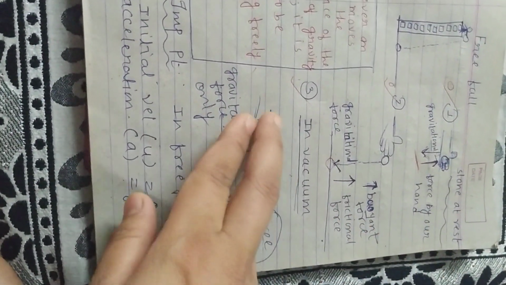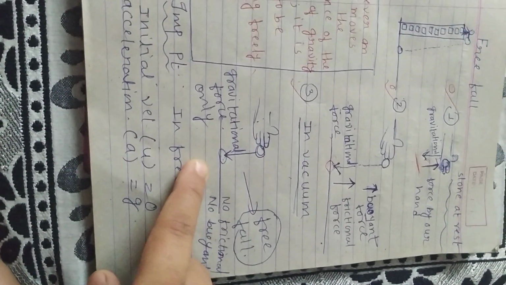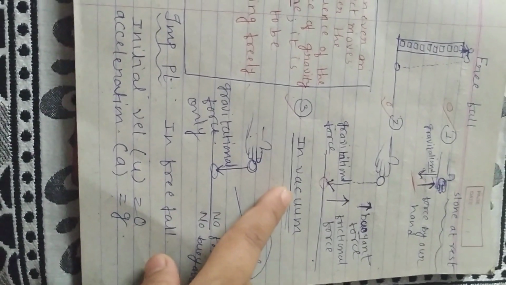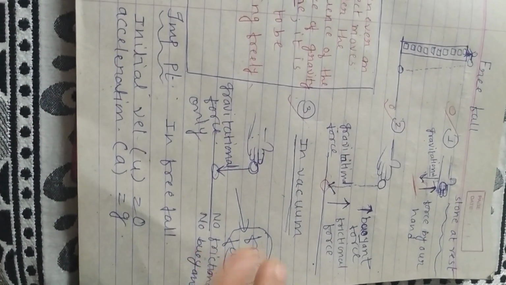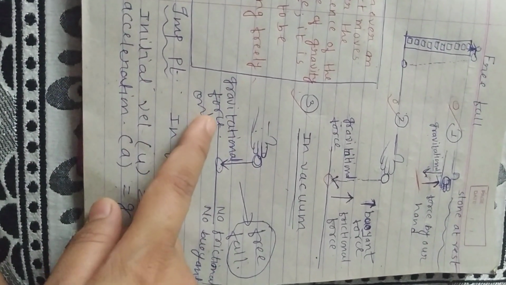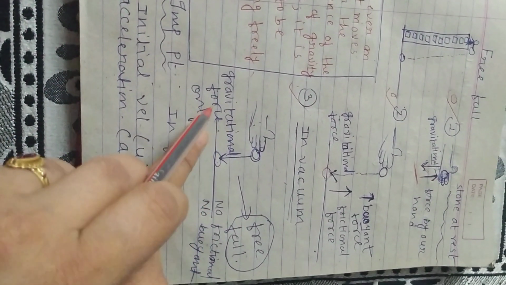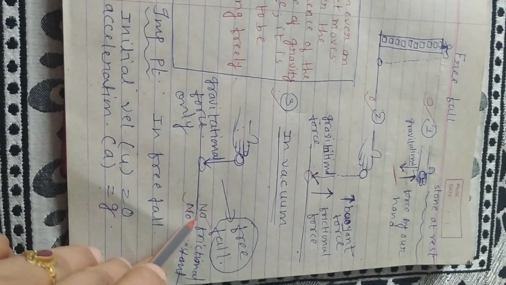Okay, and if the stone falls in a vacuum, that means where there is no air, here only and only the gravitational force will apply. No frictional force in vacuum and no buoyant force.